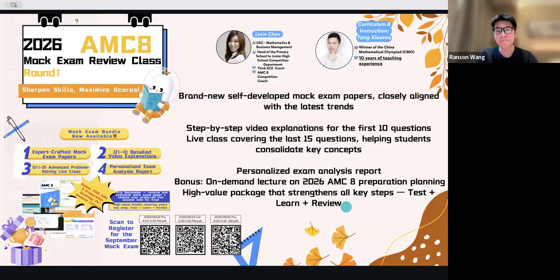Once again, if you enroll in a short-term class, for each short-term class you receive one free mock exam. You can also pay to join the mock exam.